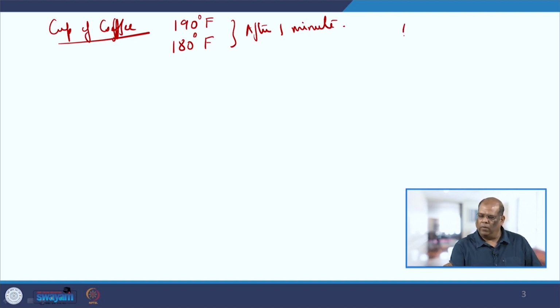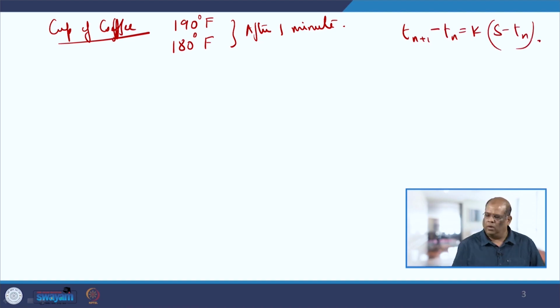So, your equation was Tn plus 1 minus Tn is equal to some K times S minus Tn. In this particular case, S is the surrounding temperature or the room temperature, which we take as 70 degree Fahrenheit. Now, I put say n equal to 0.